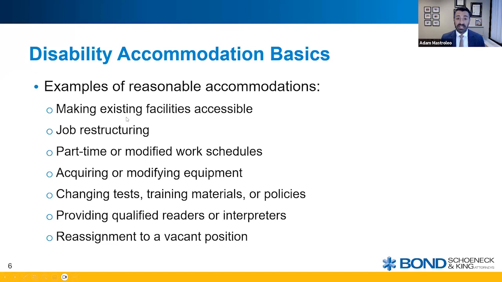Acquiring or modifying specific equipment to allow an individual with a disability to perform the essential functions of their position. Changing tests, training materials, or policies, or providing qualified readers or interpreters. Reassignment to a vacant position. These are all examples of reasonable accommodations. I didn't include this as a comprehensive list, more just as a summary of some potential things that you can do to accommodate employees with disabilities.